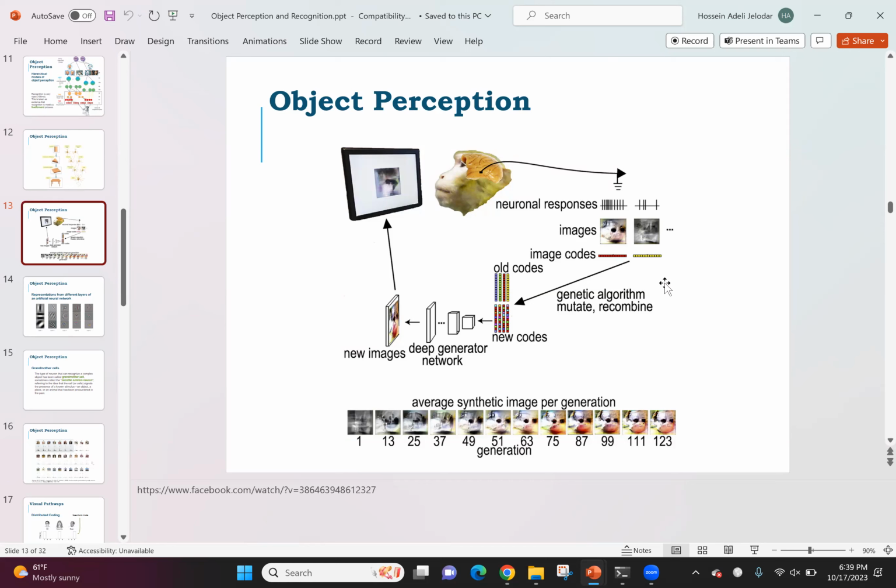So what they're doing is recording from a cell, let's say in the area IT. They're showing a bunch of images, synthetic images, and recording the responses. Now, if you record all the responses, you could see which one of them maximally activated this cell, which one had the highest activation.